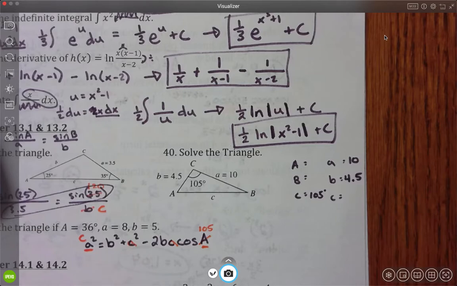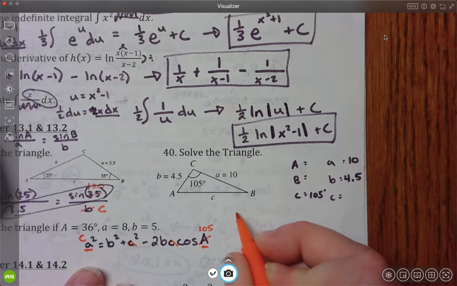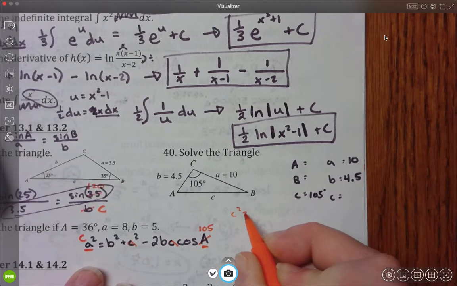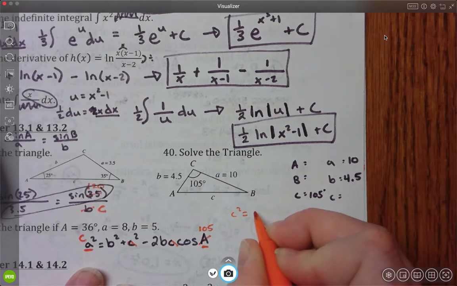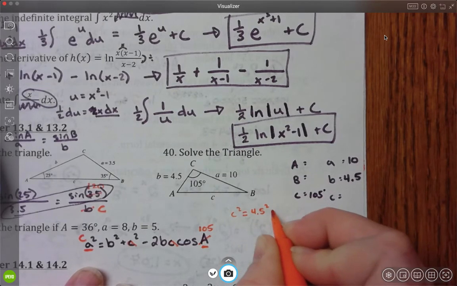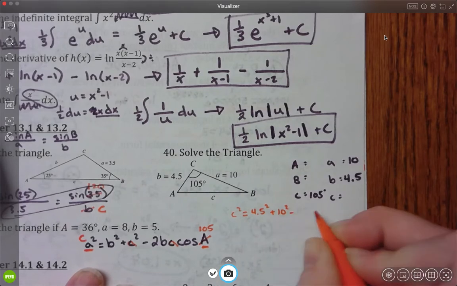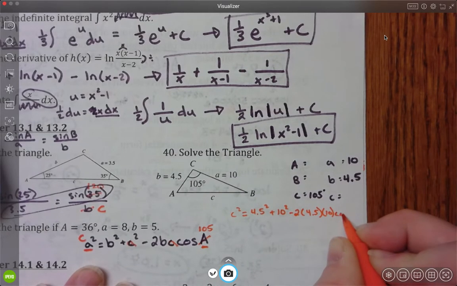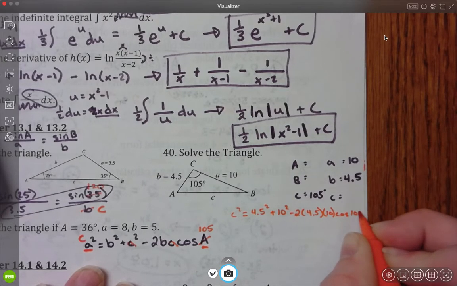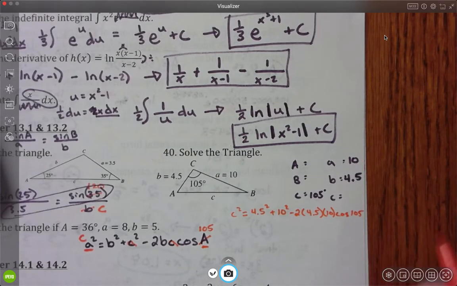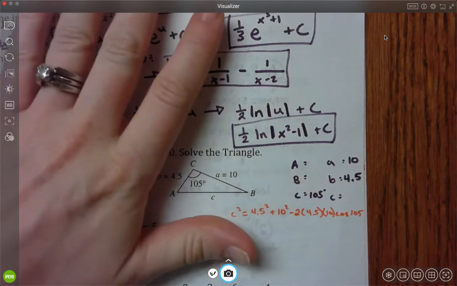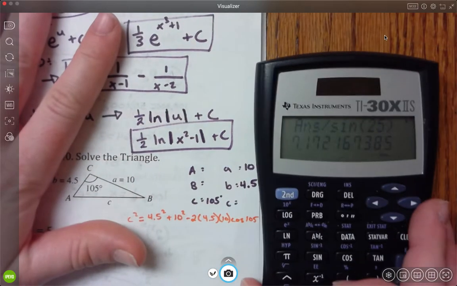So I will have c squared equals b squared, 4.5 squared, plus 10 squared, minus 2 times 4.5 times 10 times cosine of 105. You can do this in pieces if you want to, but I'm going to try to just plug this all in at one shot into my calculator and see how it goes.